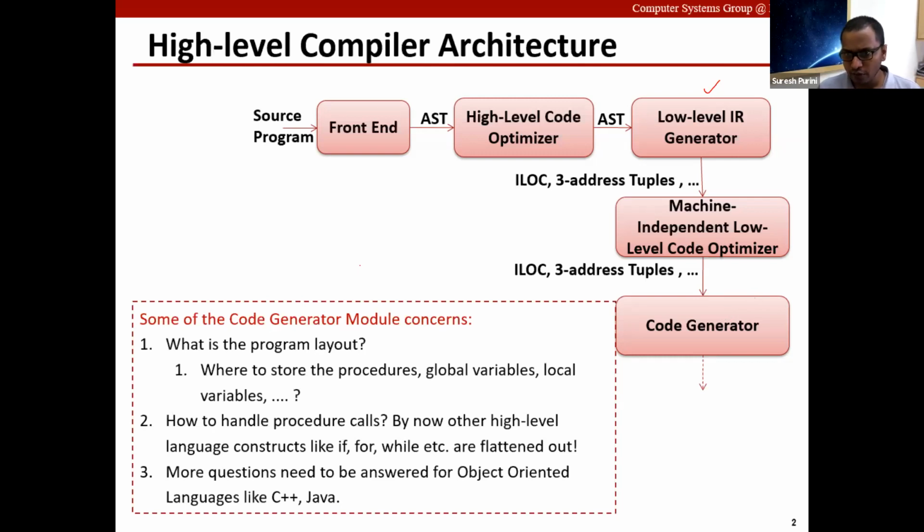The code generator module can also do certain machine dependent optimizations, either before code generation or after code generation, or both. All those things are possible.